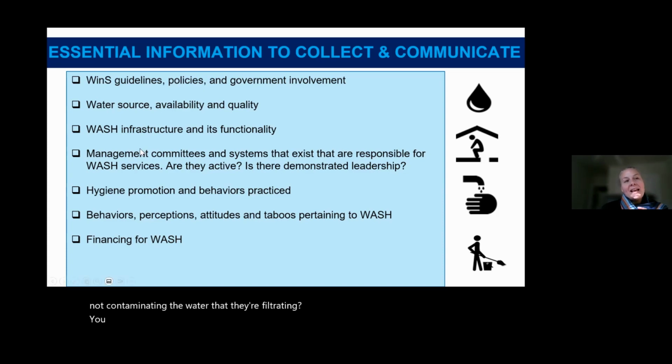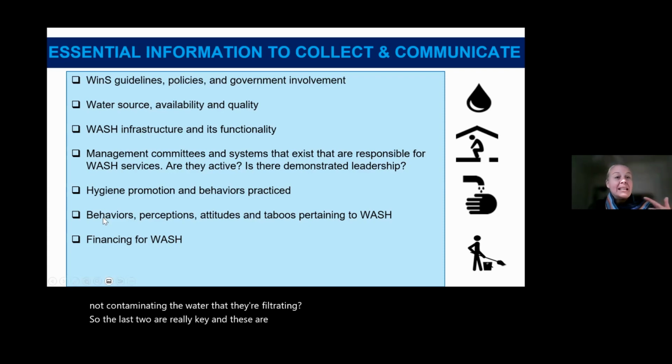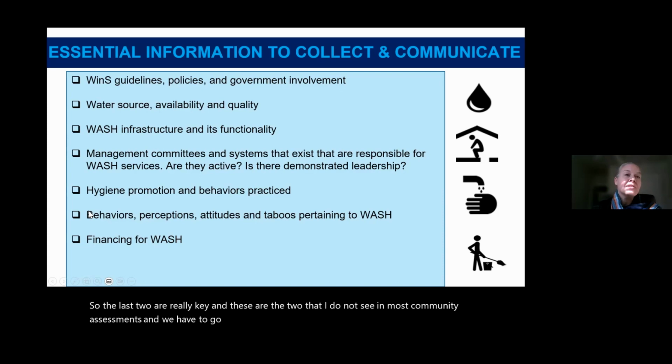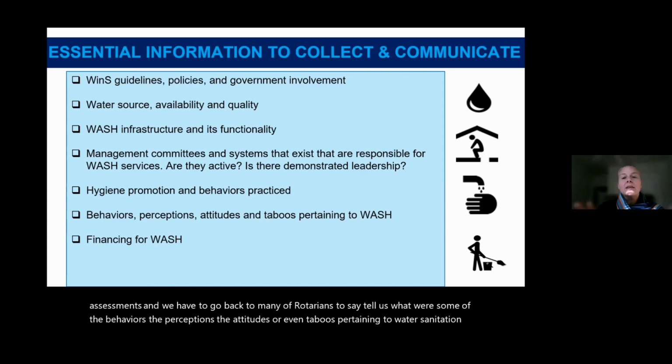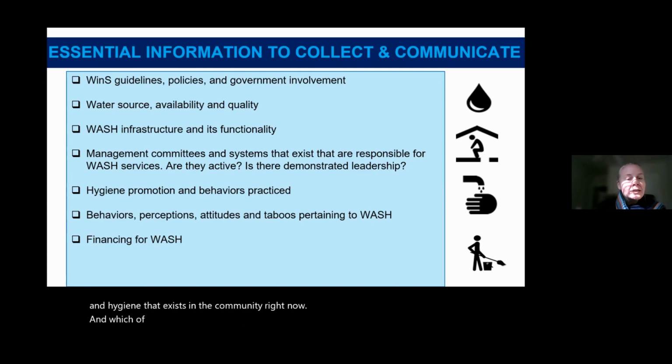So the last two are really key. And these are the two that I do not see in most community assessments. We have to go back to many Rotarians to say, tell us what some of the behaviors, the perceptions, the attitudes, or even taboos pertaining to water, sanitation, and hygiene are that exist in the community right now. And which of those will be challenges for creating the positive behavior change that you wish to see?